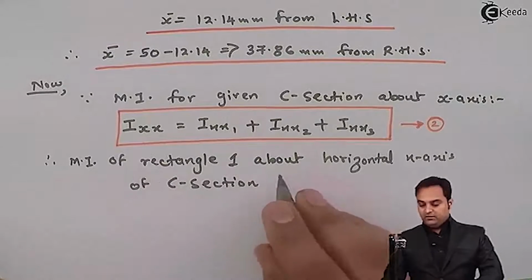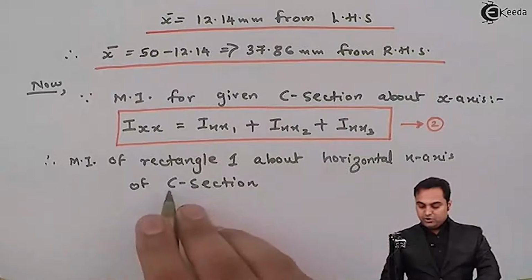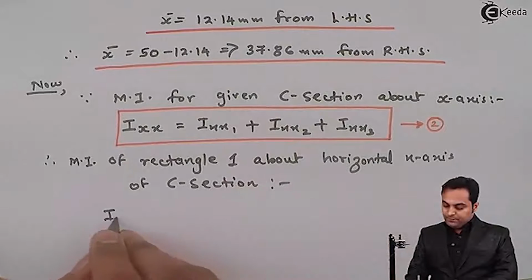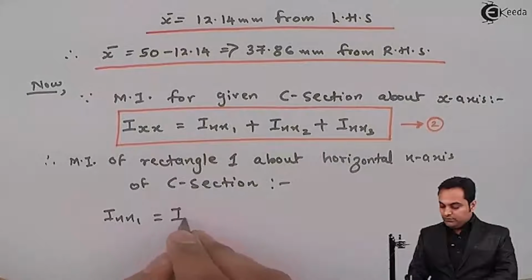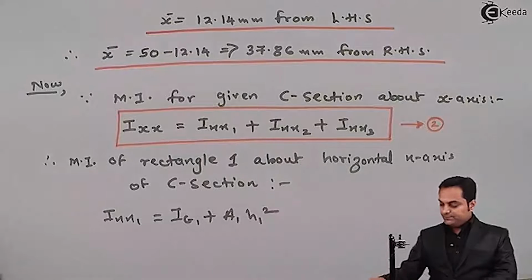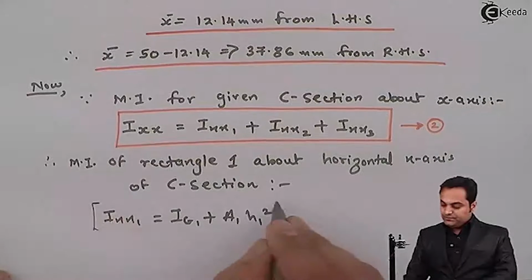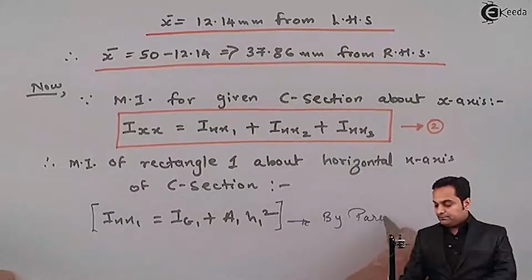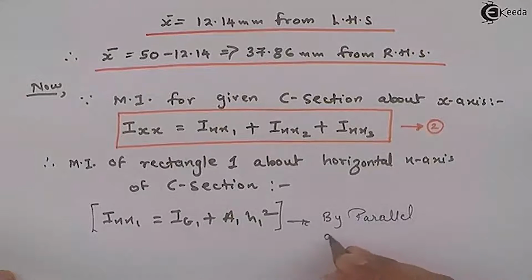MI of rectangle 1 about the horizontal axis of the C section is given by Ix1 is equal to Ig1 plus area 1 into H1 square. This is by the parallel axis theorem.